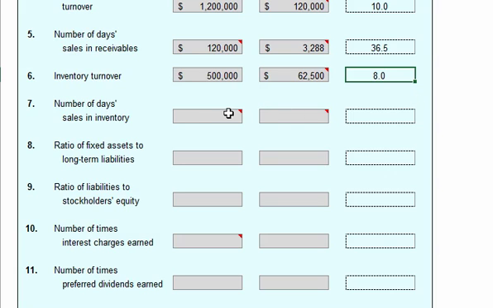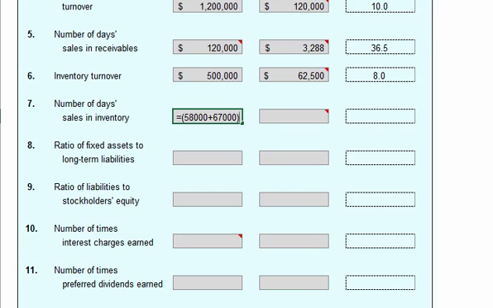Okay, number of days sales in inventory. This is just an average figure. In the top, it tells you on a given day how many days worth of sales we have in inventory. So in the top, we've got average inventory. Again, to get average inventory, we take the inventory at the end of 2015, which was 58,000. The inventory at the end of 2016 is 67,000.